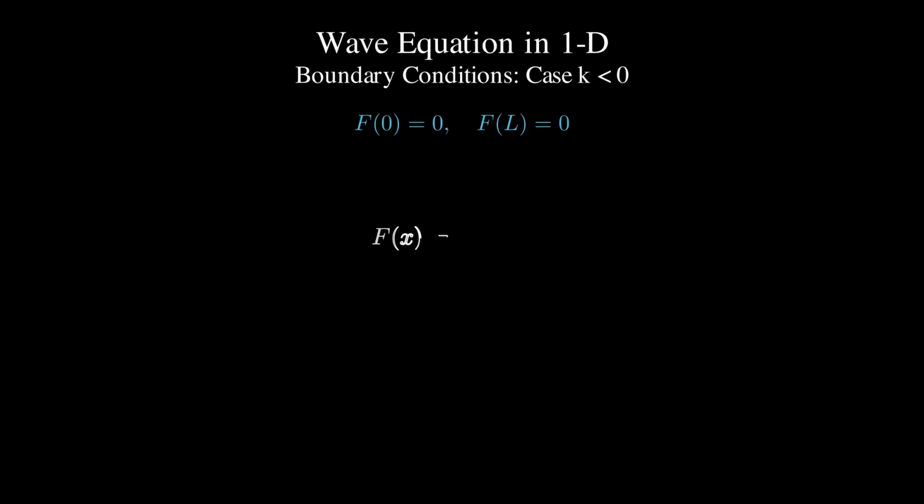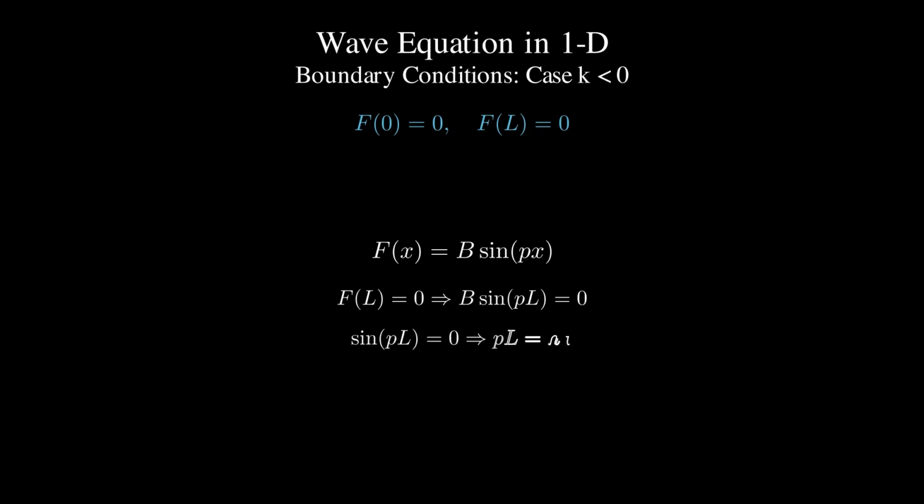Now, applying the second condition, notice what happens. When f of L is 0, we get that b times sine of p times L must be 0. But in order for b to not be 0 and not get a trivial case, sine of pL has to be 0. And the values of pL that make sine 0 are any multiple of pi, n pi.